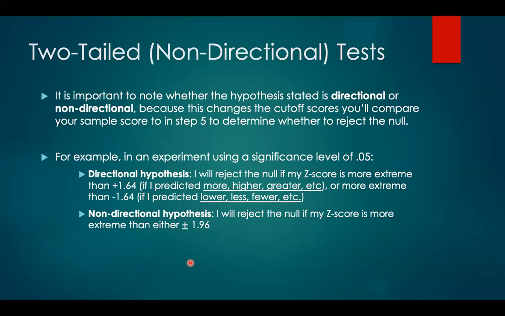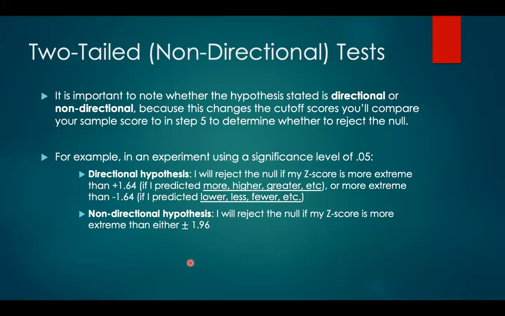So it's important to note whether the hypothesis is stated as a directional or non-directional hypothesis, because this changes the cutoff score that we'll be comparing our sample score to in step 5 of NHST to determine whether or not to reject that null hypothesis.